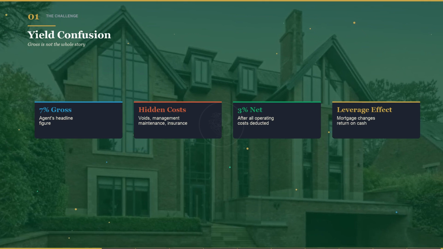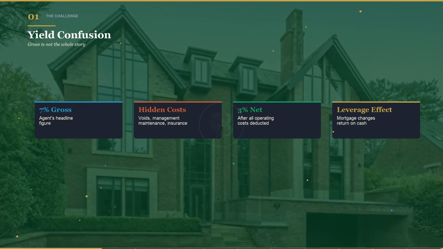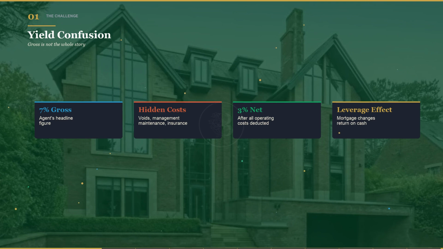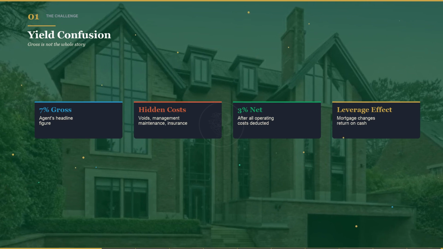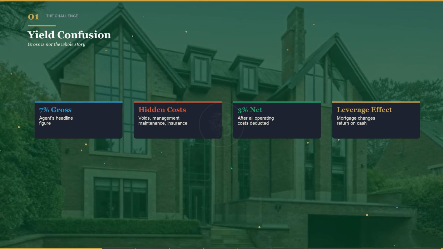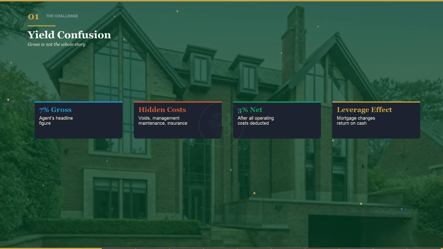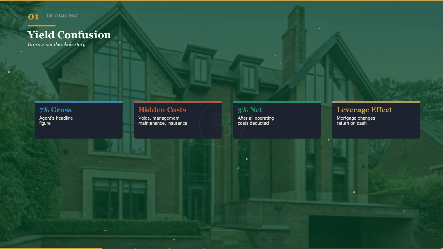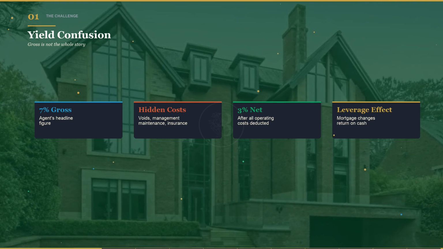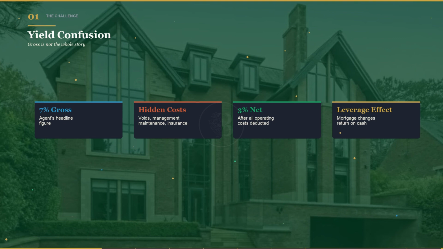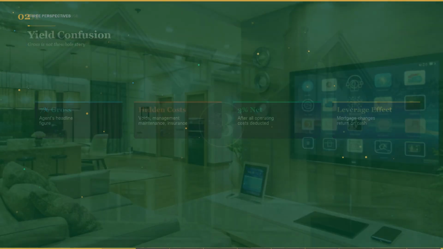A property advertised at 7% gross yield might deliver only 3% net. And if you have financed the purchase with a mortgage, the return on your actual cash invested, your cash-on-cash return, could be dramatically different again. Without modeling every cost, every scenario, and every year of ownership, you are making the most important financial decision of the deal based on an incomplete number.